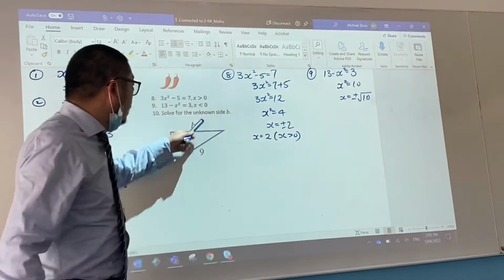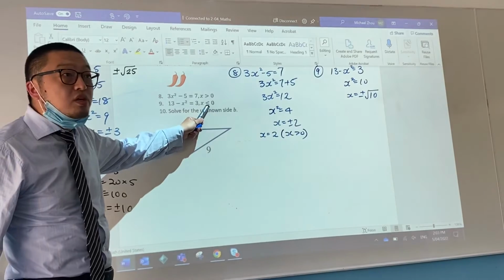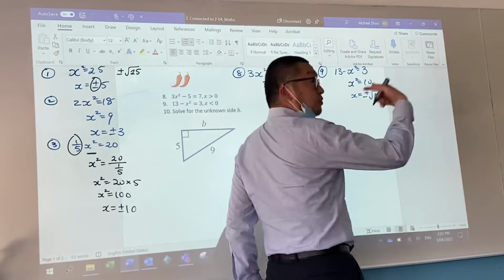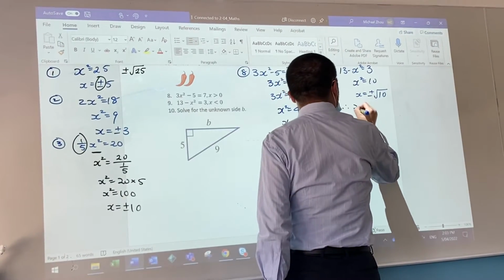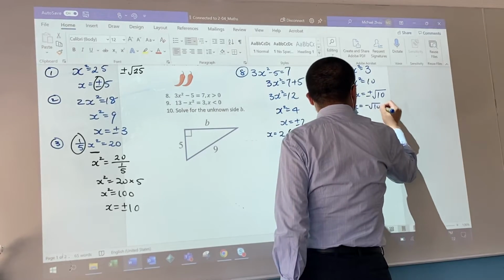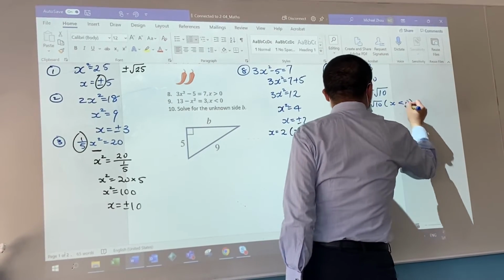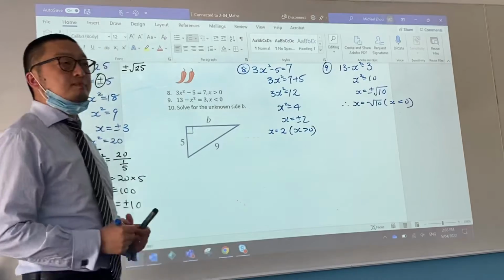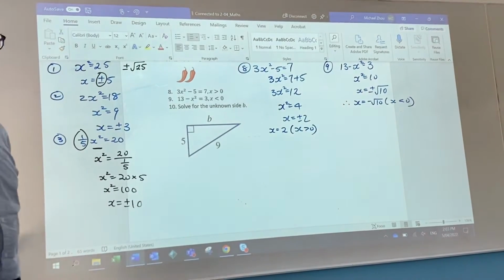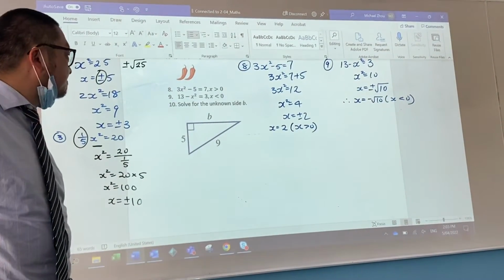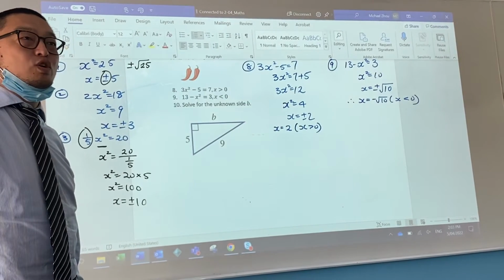Now you look at the condition. I want x to be smaller than 0. So I'm going to get rid of the positive case. Therefore, x is negative square root of 10. Reason: x is smaller than 0. The dot triangle means therefore. Good?